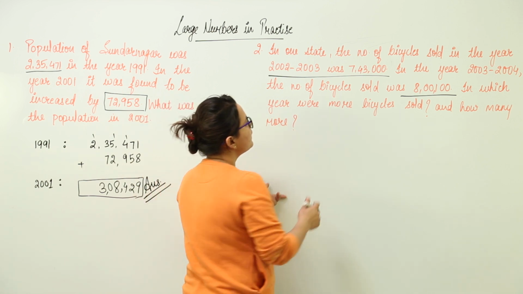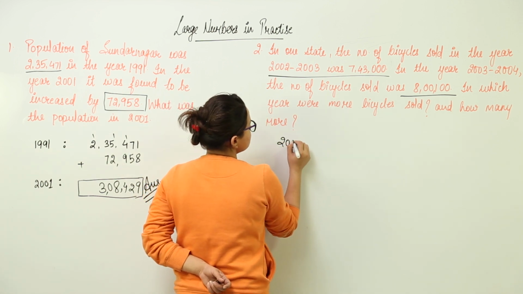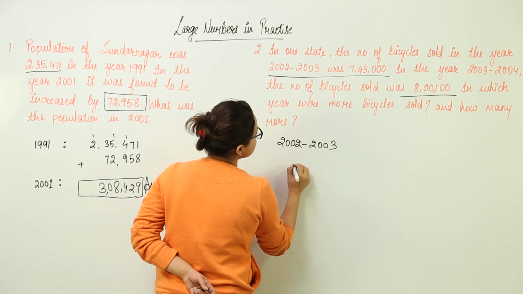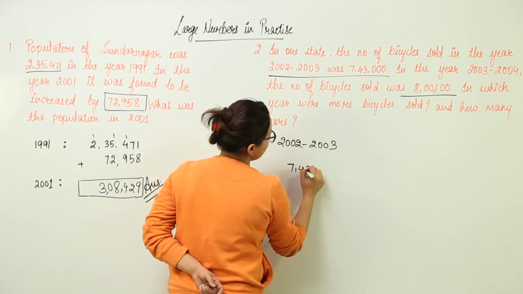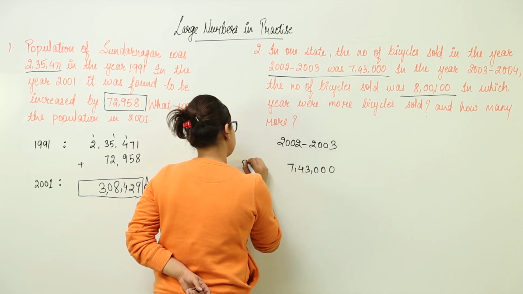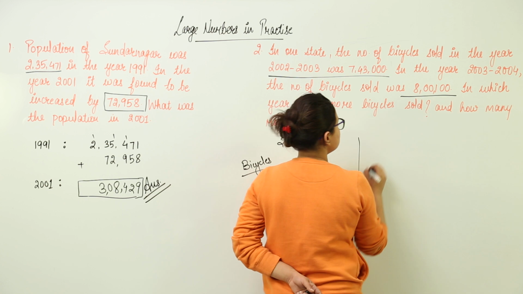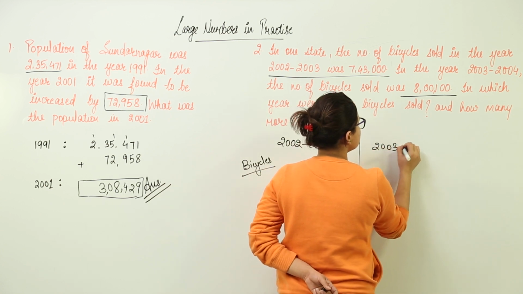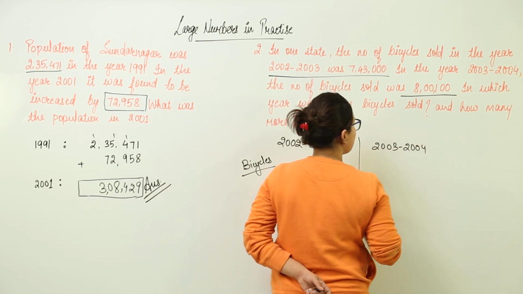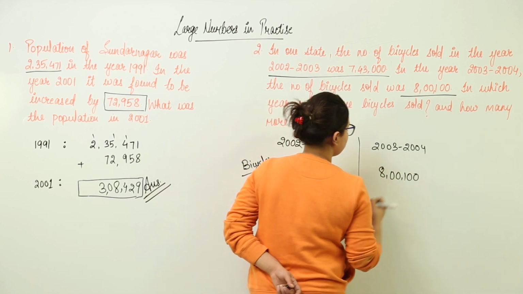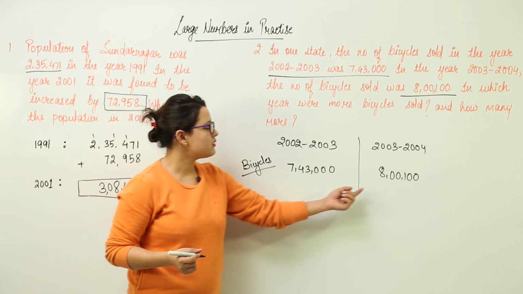So can you compare in the year 2002 to 2003, how many bicycles were sold? 7,43,000 bicycles. Now for the next year, that is 2003 to 2004, how many bicycles? 8 lakhs and 100. So which one out of them is greater?